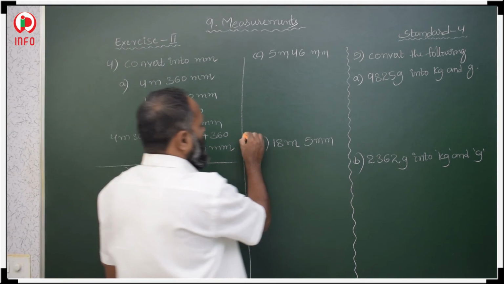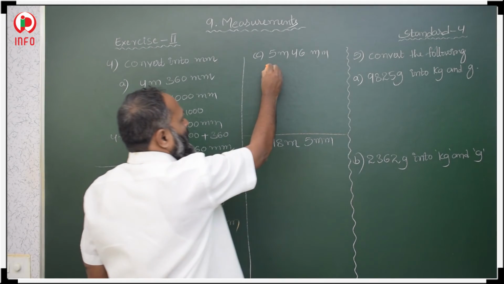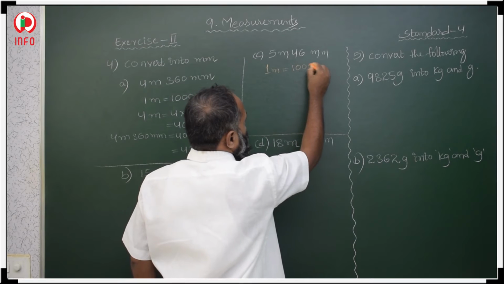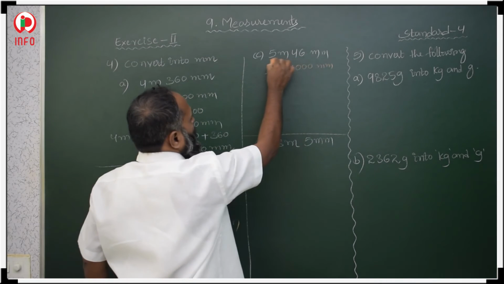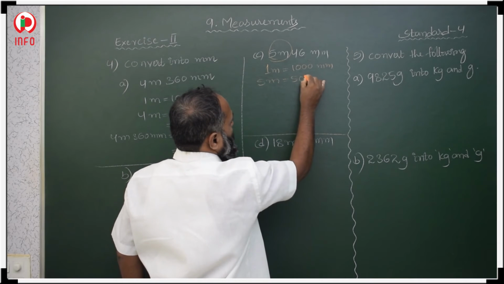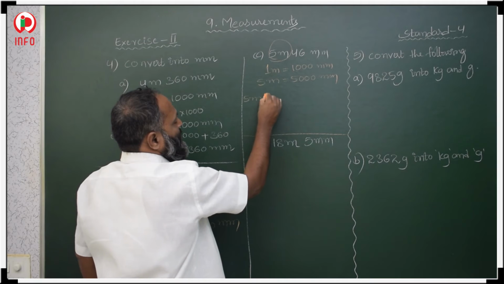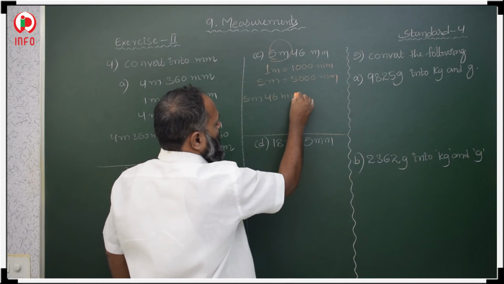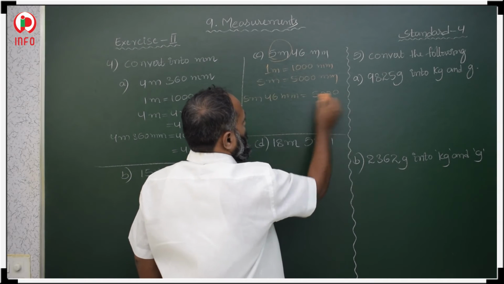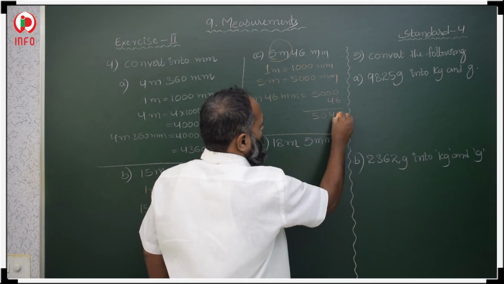Now here, 5 meters 46 millimeters. 1 meter is equal to 1000 millimeters. Now we have 5 meters. 5 meters means 5000 millimeters, 5 into 1000. Now complete: 5 meters 46 millimeters, that is 5000 millimeters plus 46. Add this, 5046 millimeters.